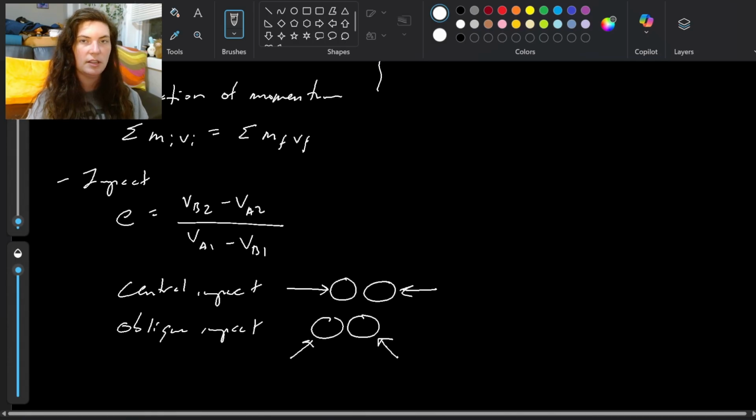They interact a little differently, giving us two components, an x and y component, instead of just being on the same axis. So understanding how those are different, and how central impact versus oblique impact have slightly different procedures and rules to figure out the initial and final velocities, is important.